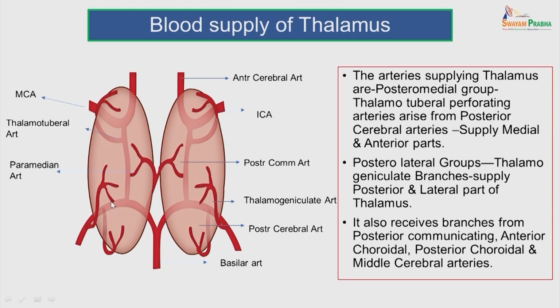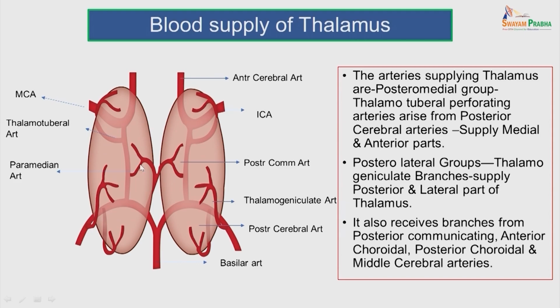The posterior lateral group is the thalamogeniculate branches, which are branches from the posterior cerebral artery, which supply the posterior part and the lateral part of the thalamus.